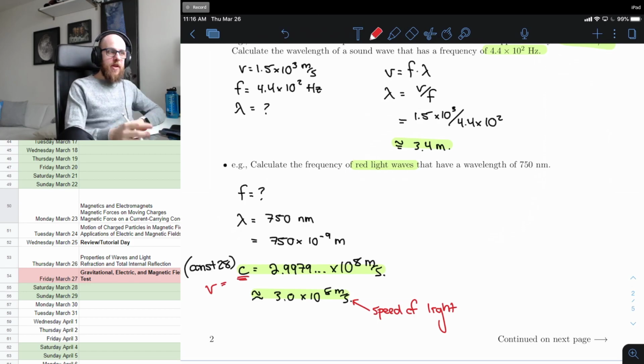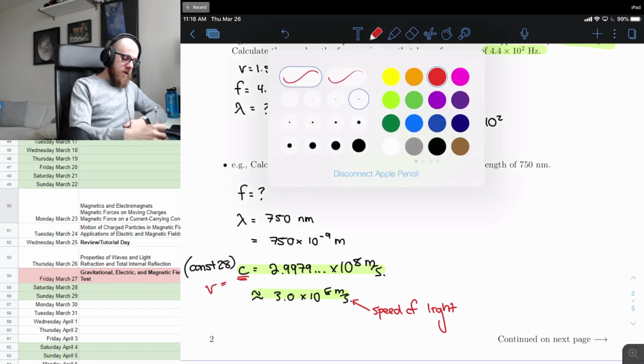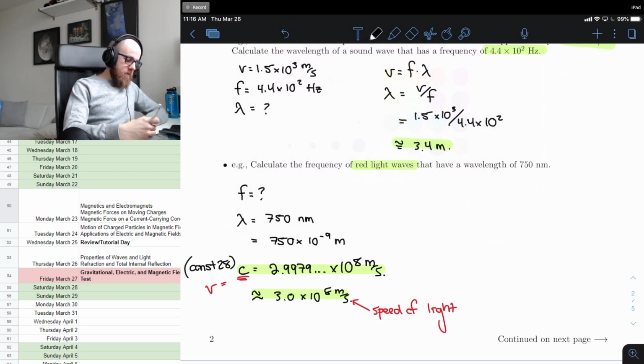Okay. So we do this exact same way as the previous problem, right? So we have our speed is equal to our frequency times our wavelength. But now we're looking for frequency. So frequency is the speed divided by the wavelength, which is just c divided by 750 times 10 to the negative 9.